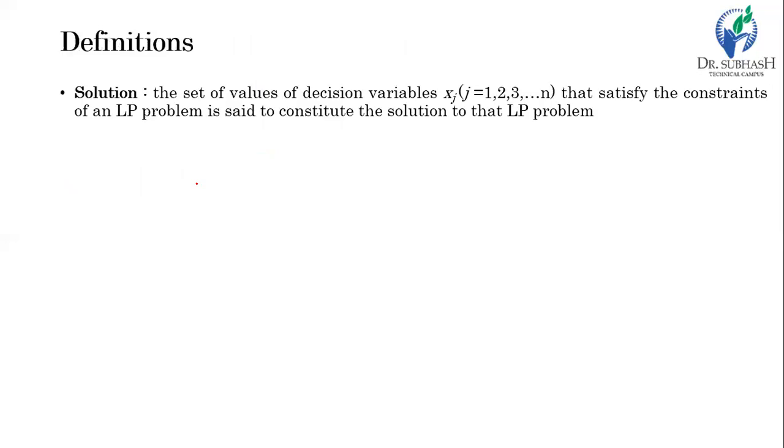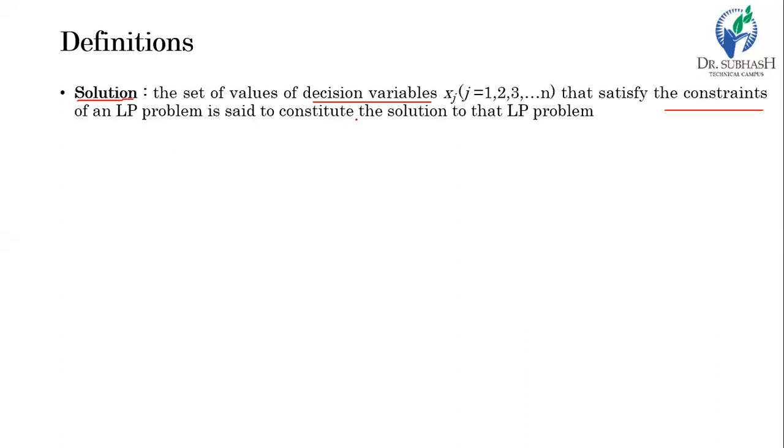Before going on to the method, we will first see the different definitions required to calculate or consider the solution of an LPP. First one is the solution. What do we call a solution? A solution is a set of values of the decision variables that satisfy the constraints of an LP problem.